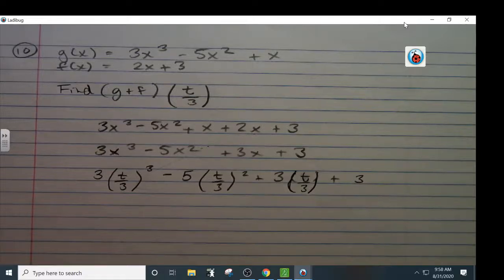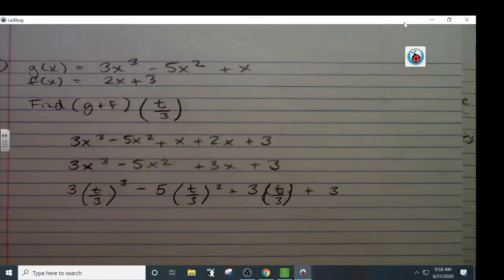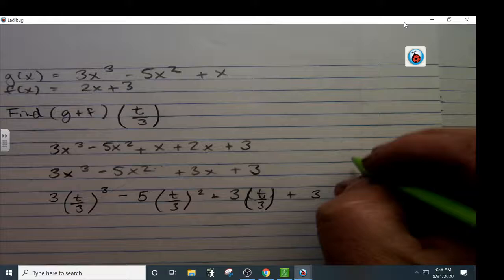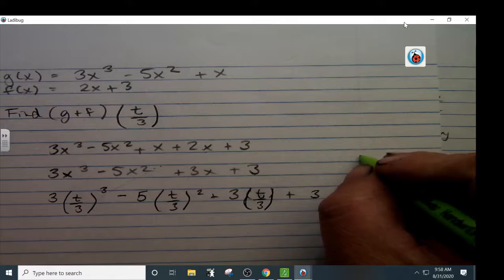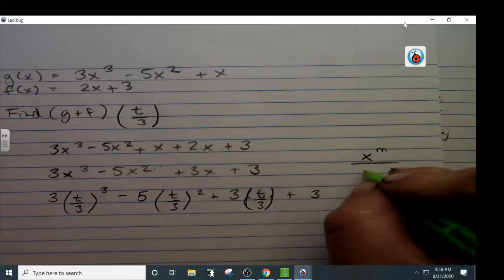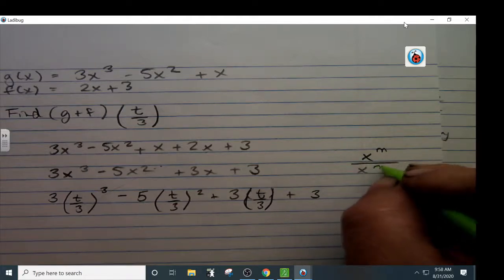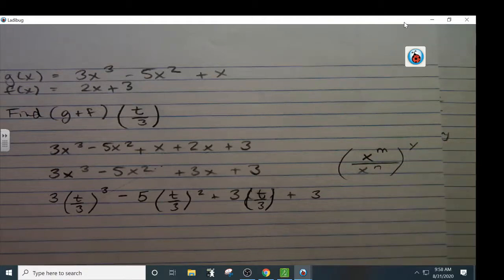Now, guys, let me go ahead and show you when you raise a fraction to a power. This is the rule.